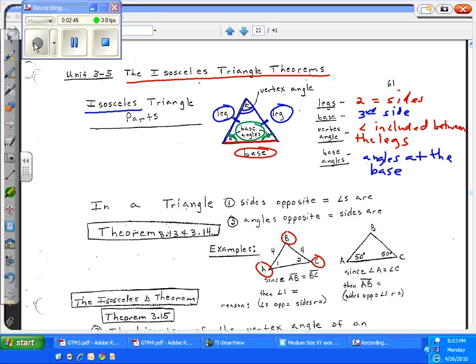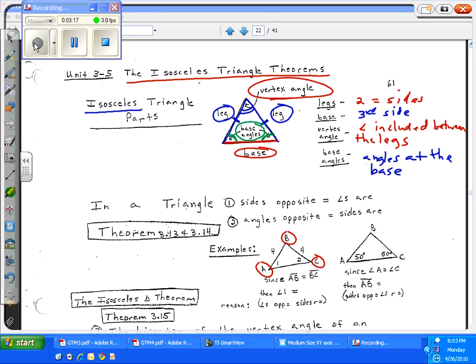We might say the angles adjacent to the base, the ones next to the base. So an isosceles triangle is a triangle with two equal sides. The two equal sides are called the legs. The third side is called the base. The angle included between the two equal sides, or the angle included between the legs, is called the vertex angle. And the angles at the base are called the base angles.